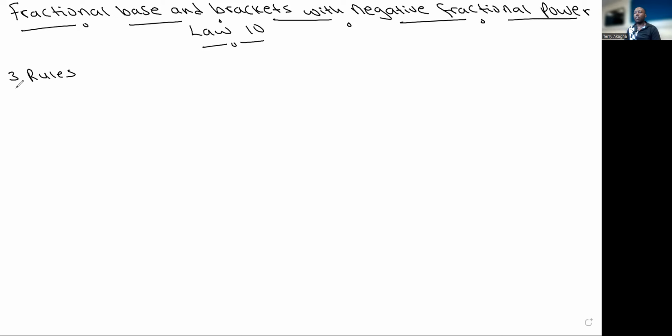So there are three things to talk about here. The first thing is that in order to remove the negative sign, you have to swap the denominator and the numerator.